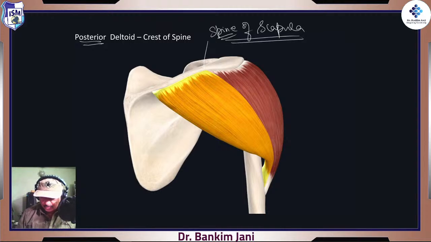Now this posterior component is the posterior deltoid, and that posterior deltoid is attaching itself on the crest of the spine. So here is the spine. That one is deltoid, that one is acromion process. Perfect. This is on the spine.